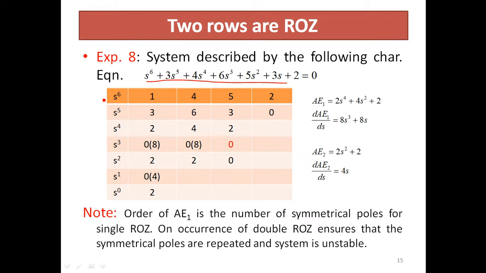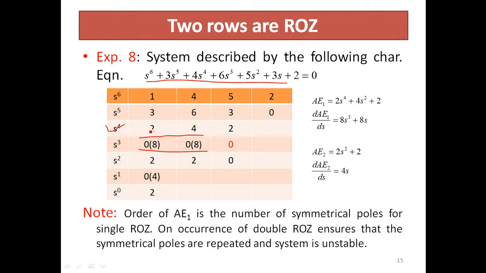Calculating the elements, the third row is appearing as row of zeros. So write the first auxiliary equation just above the ROZ row, s raised to power 4.